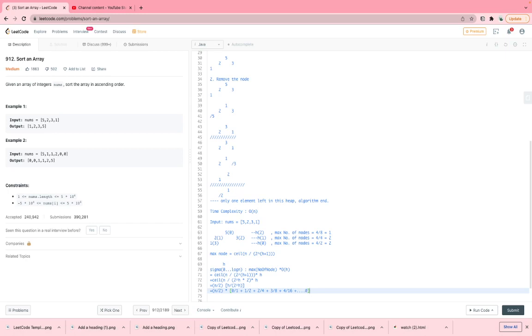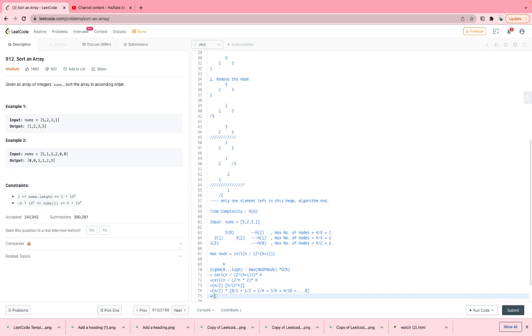I mean, if the log n is infinity, okay, here is log n. So this part is equal to 1, and also this part also equals 1. So this whole part actually almost equals 2.